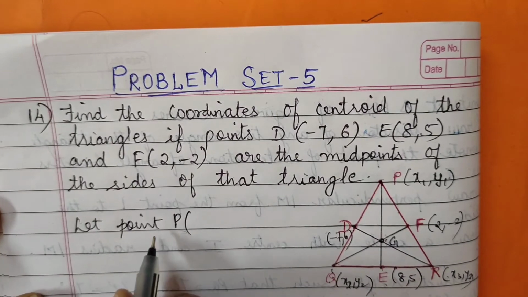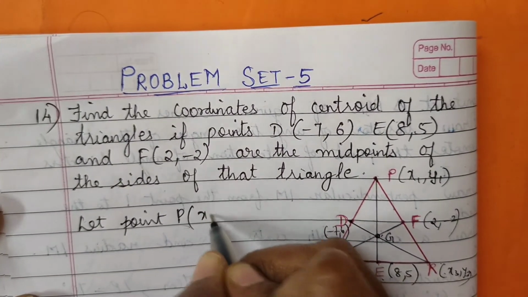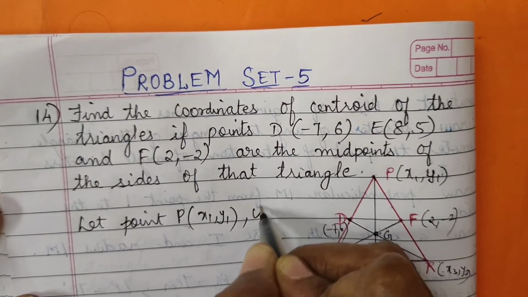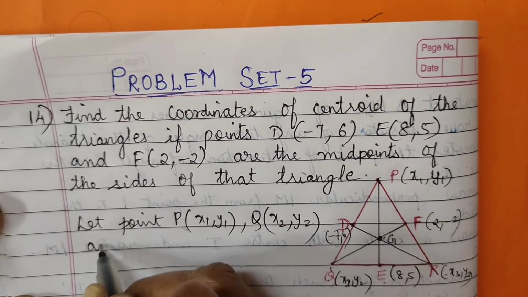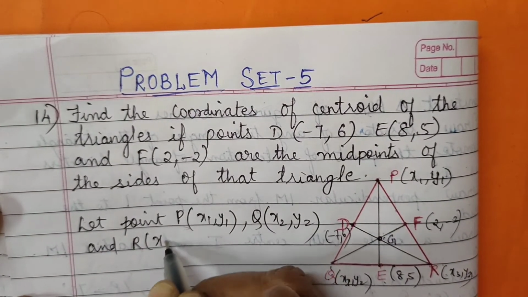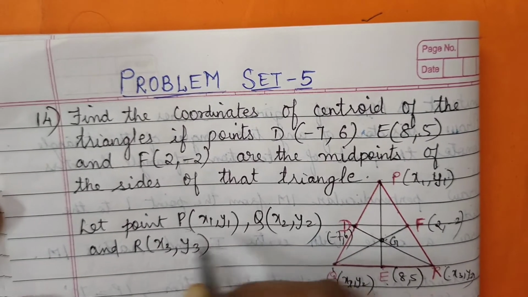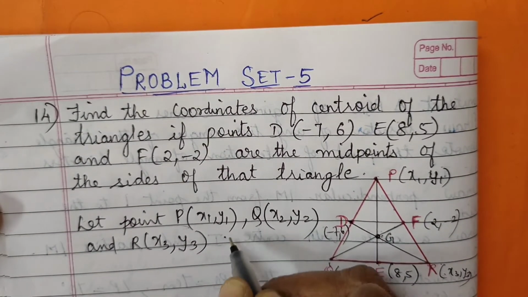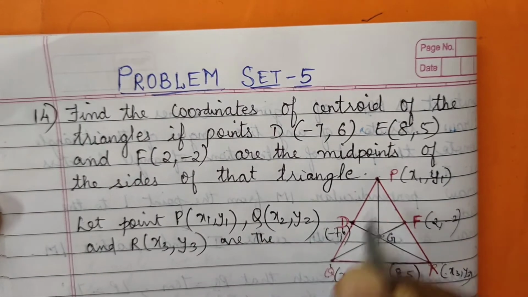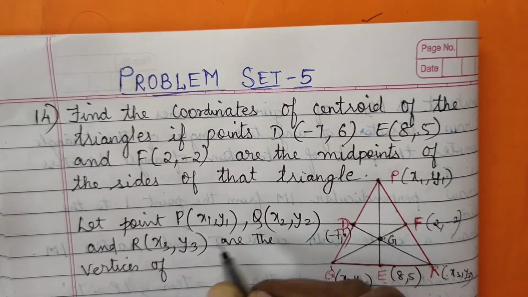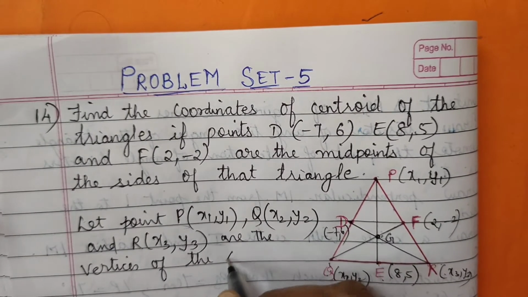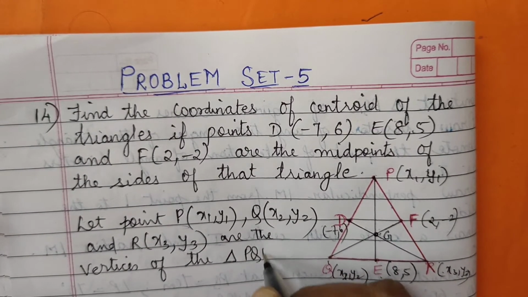So we will write: let the points P (x1, y1), Q (x2, y2) and R (x3, y3) be the vertices of the triangle PQR.